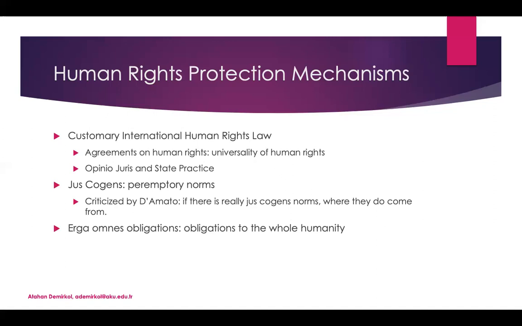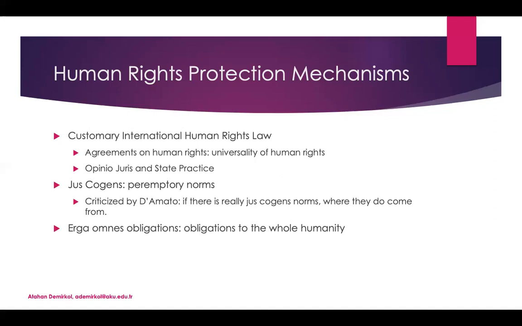We cannot say that it's 5 years or 10 years or 15 countries or 20 countries, but we can generally say that there should be a majority of countries acting in the same way for a certain time. That's state practice. And they are acting in the same way because they believe that it's a law, a legal action. So that's opinio juris. When we have both of them, we create the customary international law.